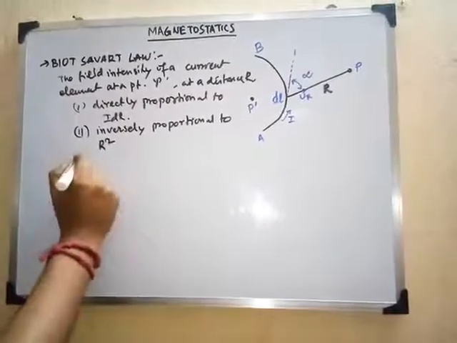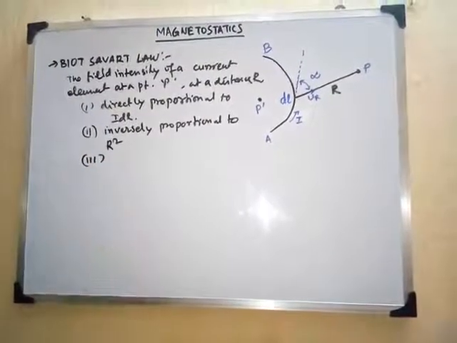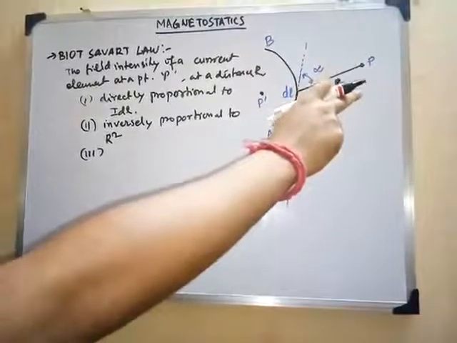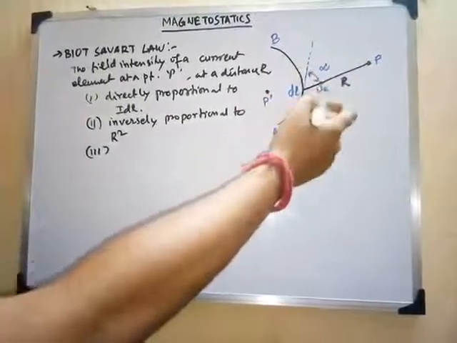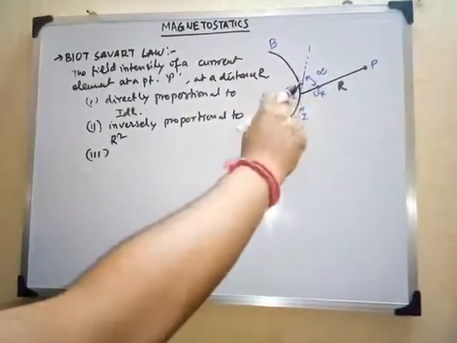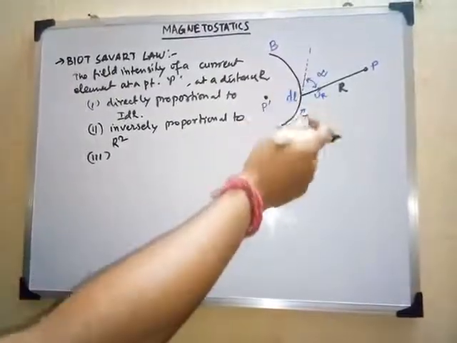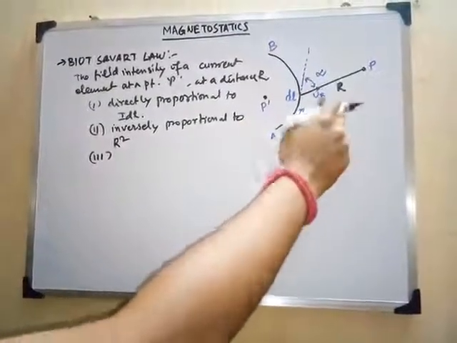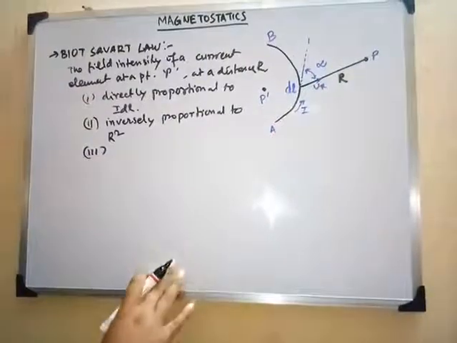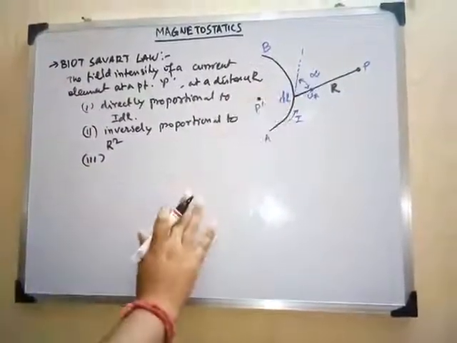And also it is proportional to the angle between the vectors DL and R. This vector DL is your small length element, and R is the distance from P to this point DL, right?